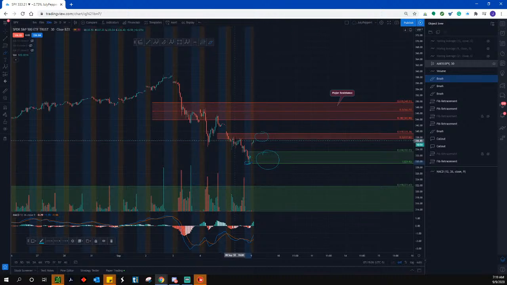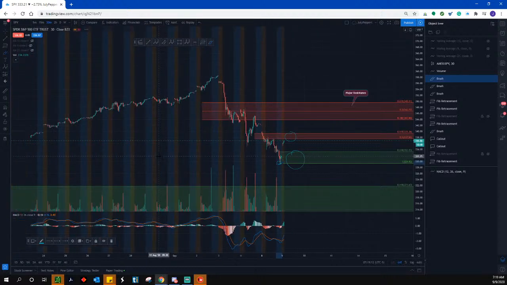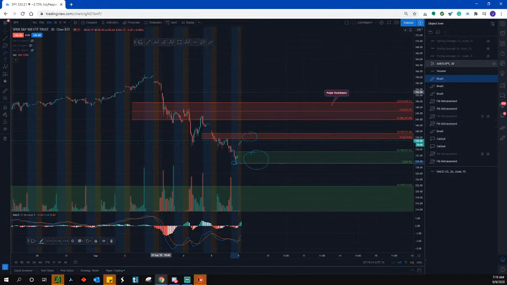But the fact that we're retesting this a third time, that's concerning. I mean, it's not concerning. It's that they're trying. But the last time we did this is when we were actually playing this move down last week. Remember how the SPY came down and it tested a third time, and then it just bled.